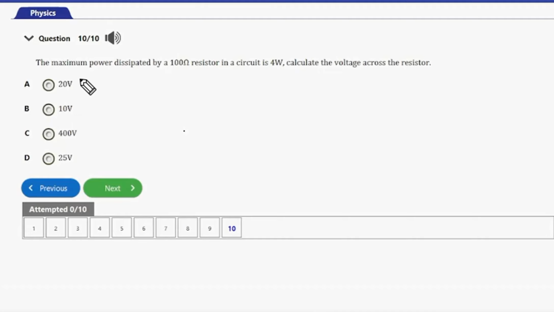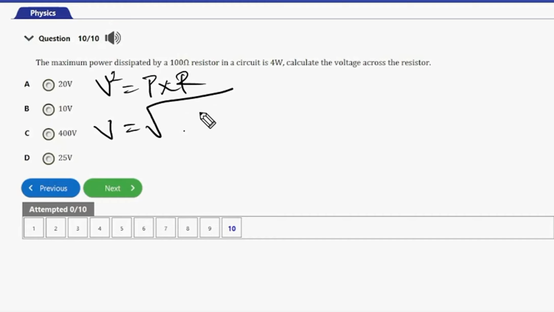So since the power is voltage squared over the resistance, the voltage squared now is going to be the power times the resistance, but then voltage alone is going to be the square root of the power times the resistance.